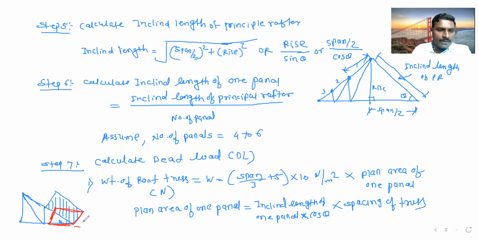So now this is spacing between truss, spacing of truss, and this is the inclined length of one panel into cos theta. So these two sides we have shown here in this particular plan.